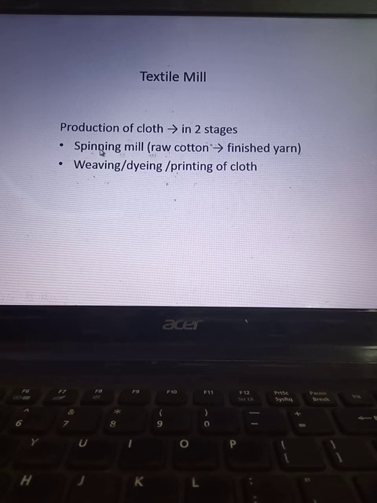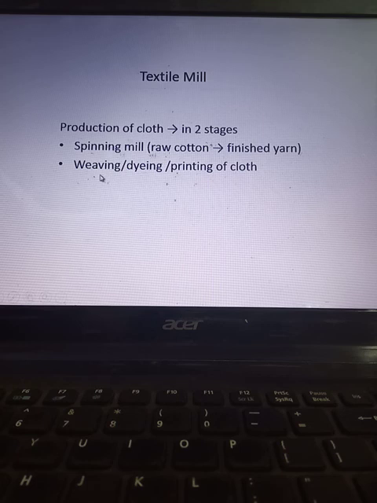The first stage involves the transformation of raw cotton into finished yarn, referred to as a spinning mill. The second stage involves the weaving along with the dyeing and printing, finally giving us the cloth. So the two stages are spinning, weaving.